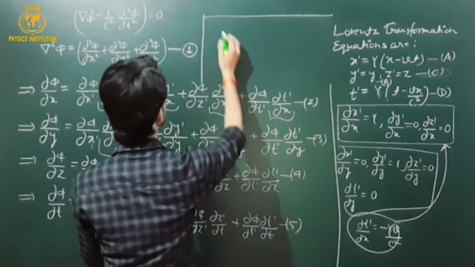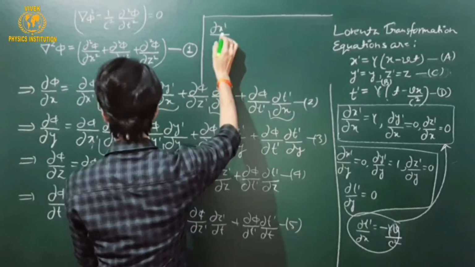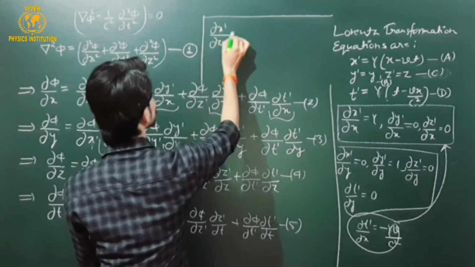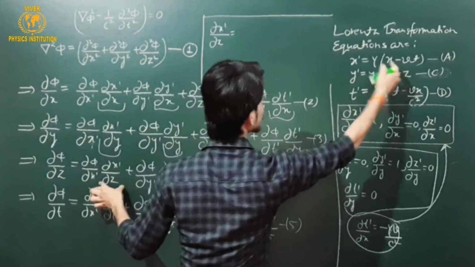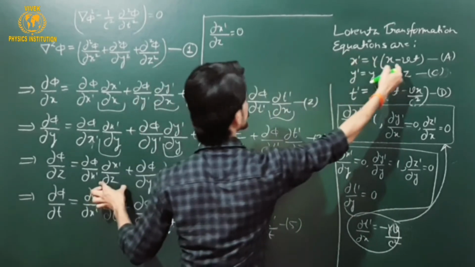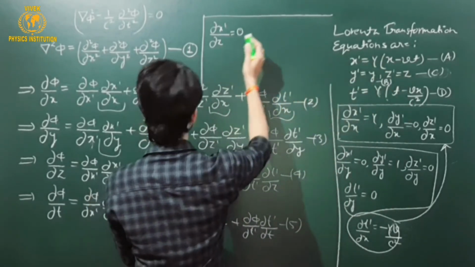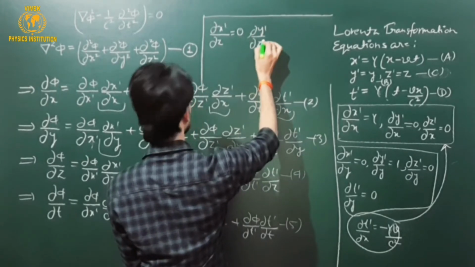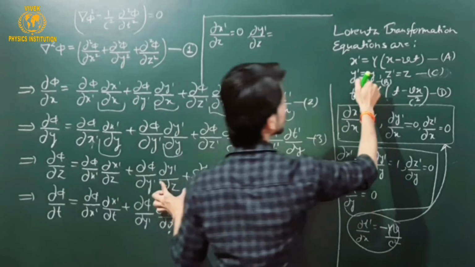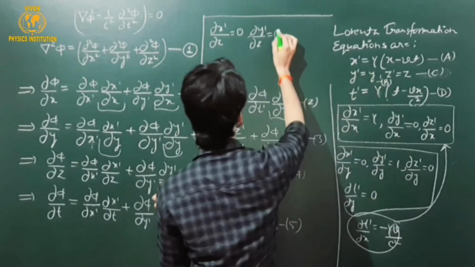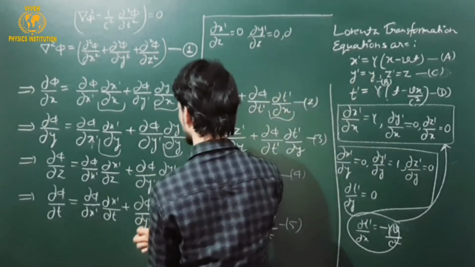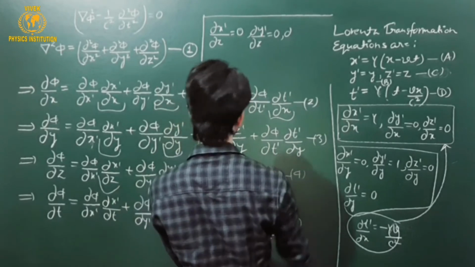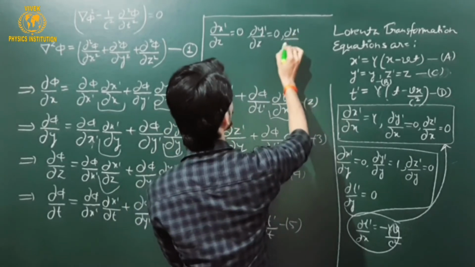This is ∂x'/∂z. Again this value will be 0 because no z is here. The differentiation of x' with respect to z is 0. The value of ∂y'/∂z will be again 0 because the differentiation of y' with respect to z is 0. Now the turn is for ∂z'/∂z.